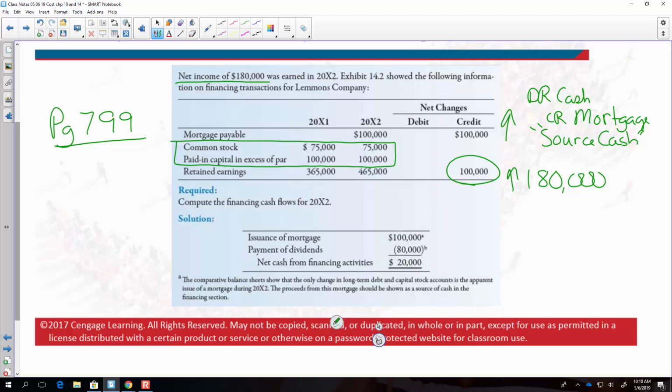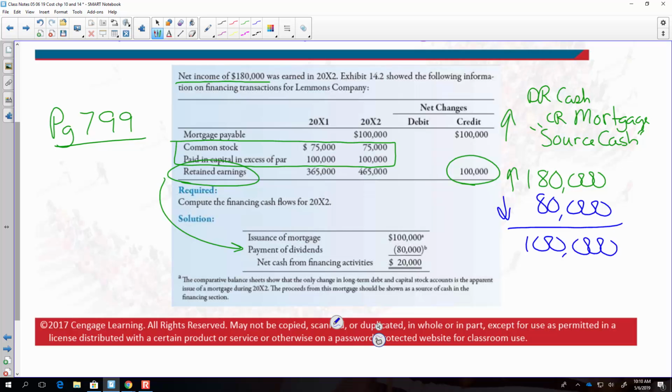So the only other thing that would affect retained earnings is what? Dividends. The dividends, the payment of dividends, right? So in this case, to make it come down 80, to show the net of 100 up, positive, right? We must have paid out $80,000 of dividends.